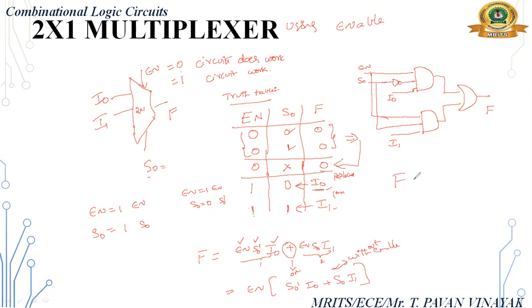Whenever you use enable, F is equal to enable into the F without enable equation. Simply you can write it like this. Enable into F without enable equation. Okay. This is the final expression for the 2 by 1 multiplexer.